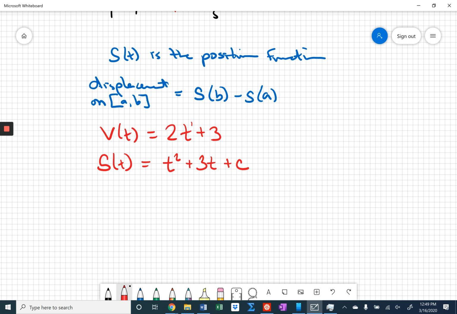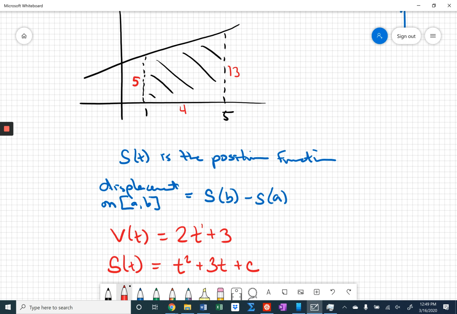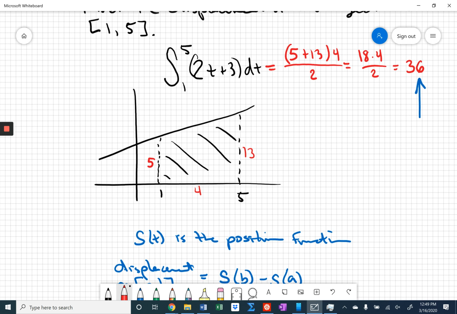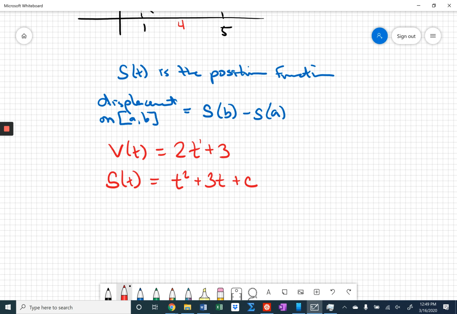I'm still doing okay. So we wanted the displacement of the object from 1 to 5. So that means if I would calculate s of 5 minus s of 1, I should get the displacement of the object. So if I plug in 5, I get 5 squared, which is 25, plus 3 times 5, which is 15, plus whatever c happens to be.